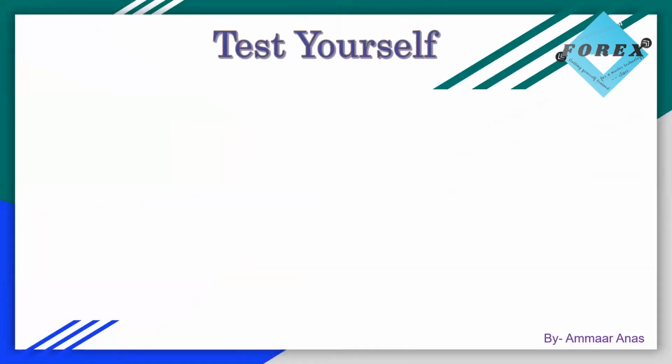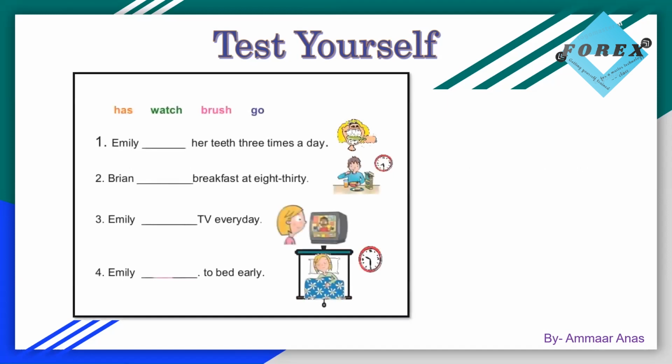Now we have a test yourself question. Let's first discuss everything and then check out our answers. First of all, we have: Emily dash her teeth 3 times a day. Brian dash breakfast at 8:30. Emily dash TV every day. Emily dash to bed early.